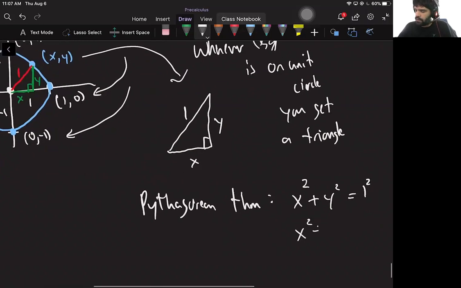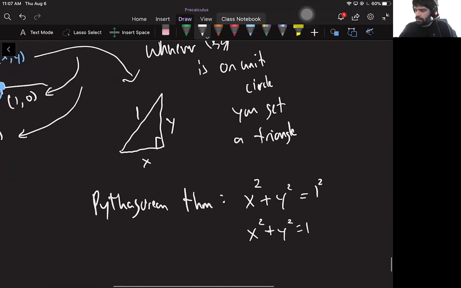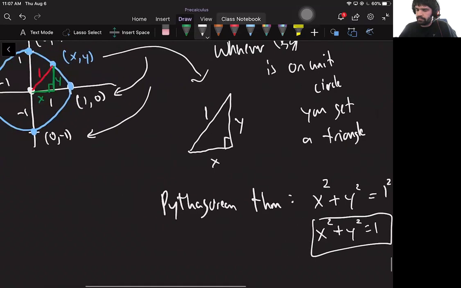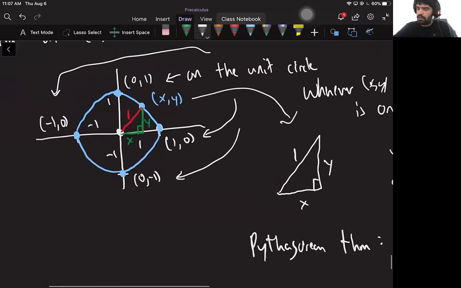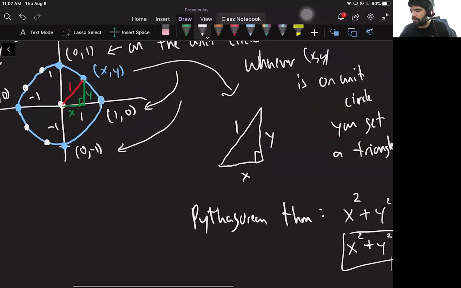So in this situation, you get x squared plus y squared equals 1. So that's the relationship of any points on the unit circle. So no matter what point you look at, like if you look at this one, you look at this one, they're always going to have that xy relationship where x squared plus y squared is 1.